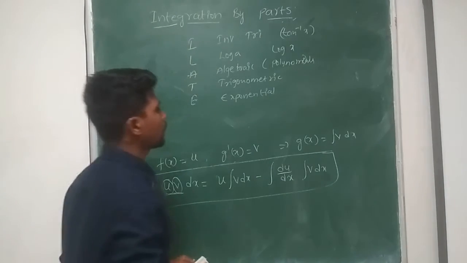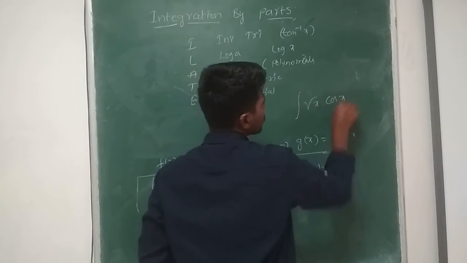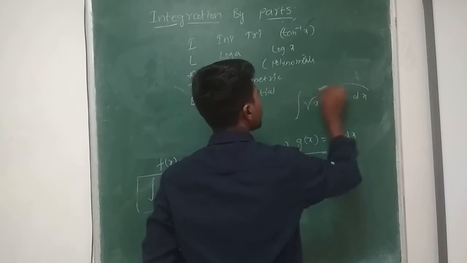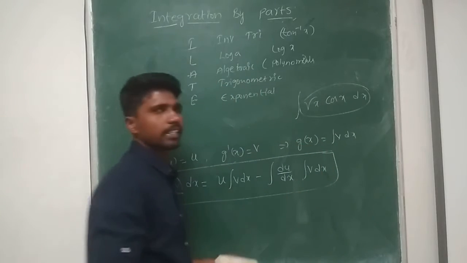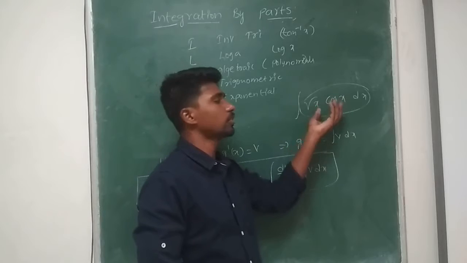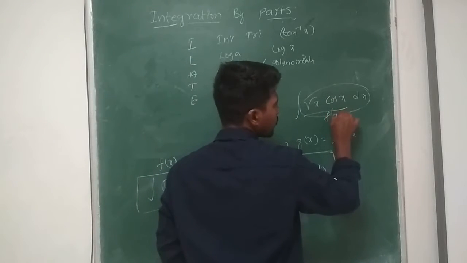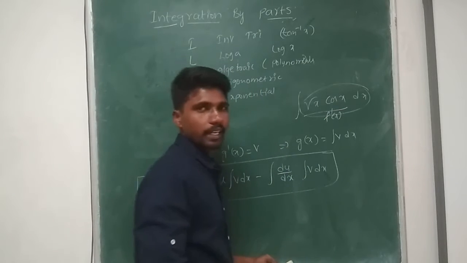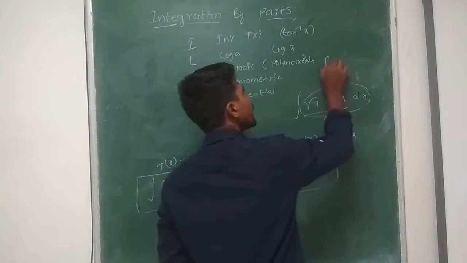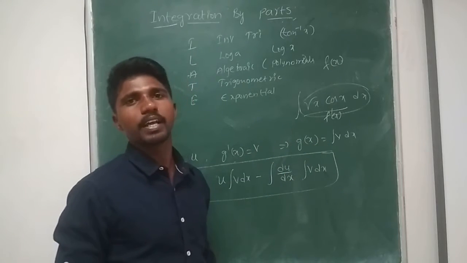Suppose I get a function like integral of root x into cos x dx. Its integration exists if you have some function whose derivative is root x into cos x. This is some f dash of x. Then only can we find its integration. So if f of x exists, then only integral f dash of x dx exists.